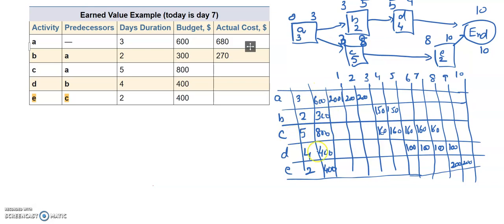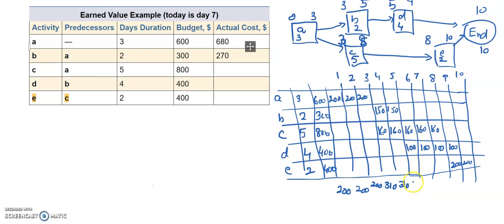Now I can add up all these values for each day. So for the first days it is 200, 200 again, 200 again. Then 150 plus 160 is 310, 310.